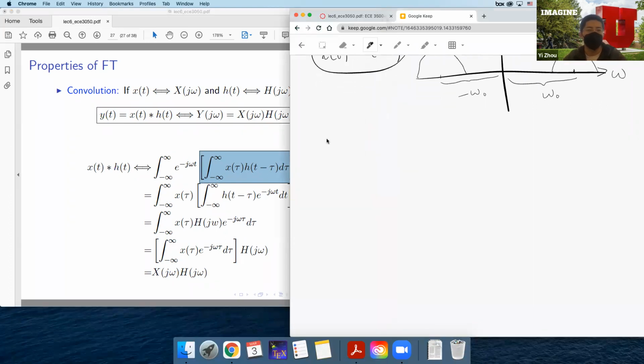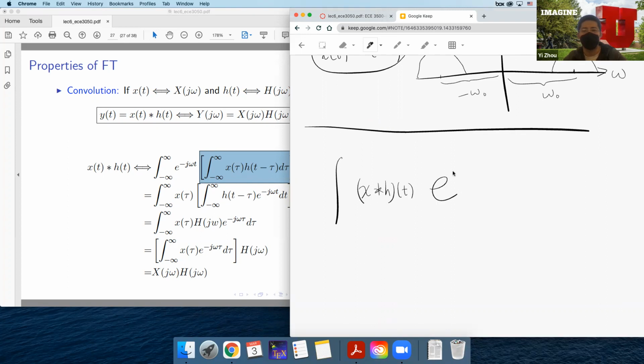So here we are just looking at the integration of x convolved with h(t), times e to the negative j omega t dt. Right?